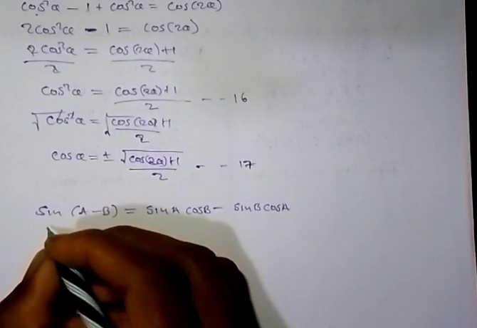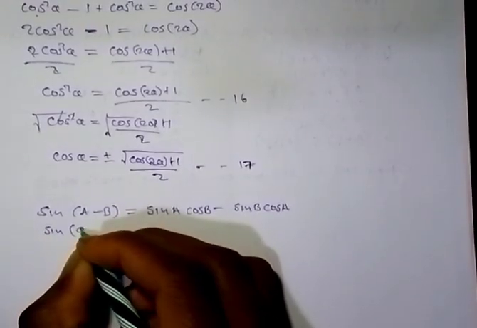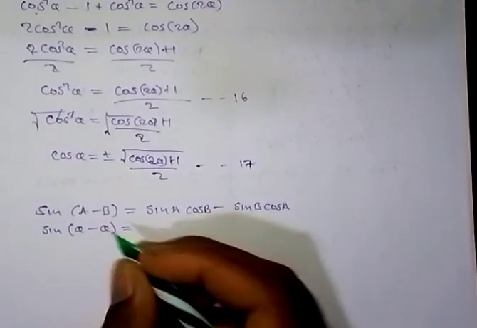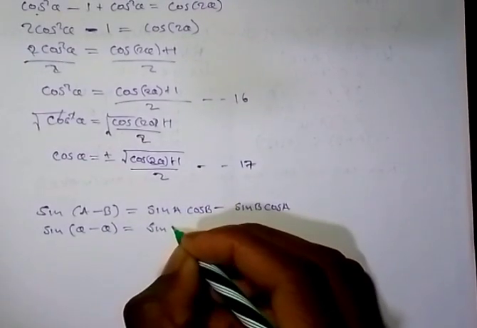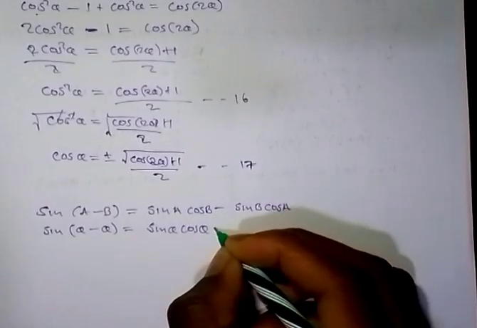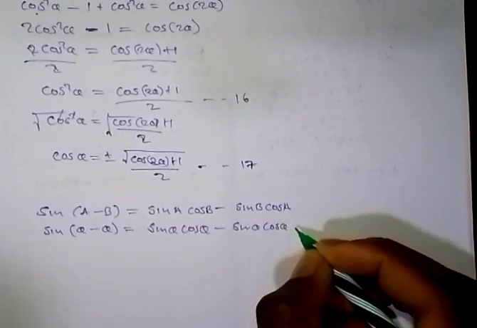So we're going to say sine theta minus theta is equal to sine theta cos theta minus sine theta cos theta.